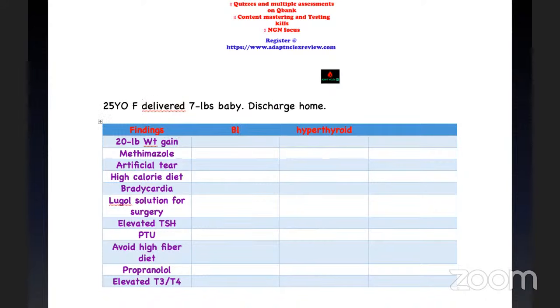Now we want to know if she has depression, or if she has psychosis. Postpartum depression, postpartum psychosis, postpartum blues. But you don't think that's what your body is going to ask you.